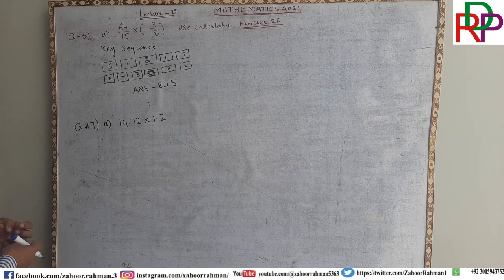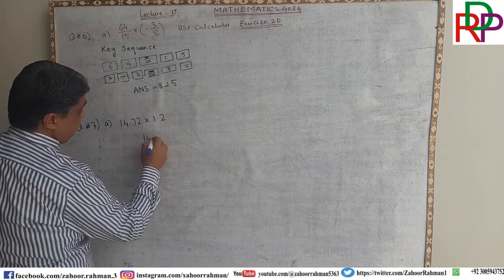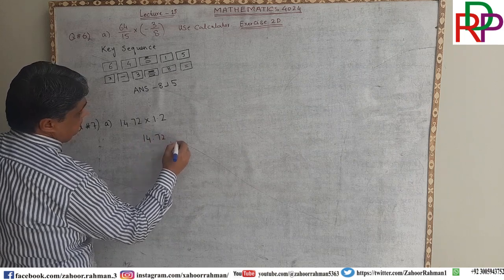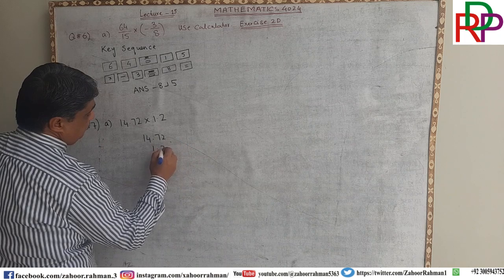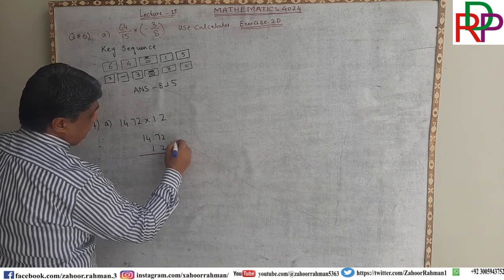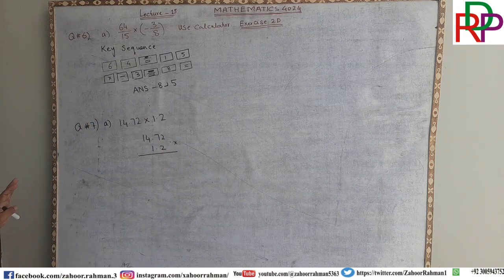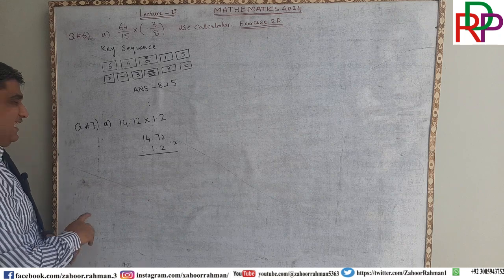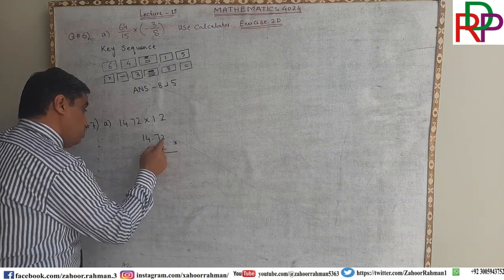Let me tell you the method. The method is that you have to write 14.72, and then you have to write 1.2. Here you can write the multiplication symbol. People are saying that how we will multiply this 1.2 with 2.